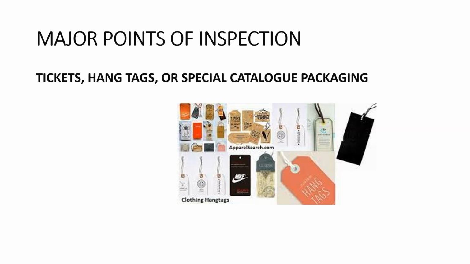That's why different tickets and hang tags are shown in this image, which must be attached to the garment. Those tags, tickets or special catalog depict the important features of the garment. Okay. So those are one of the major points of inspection.